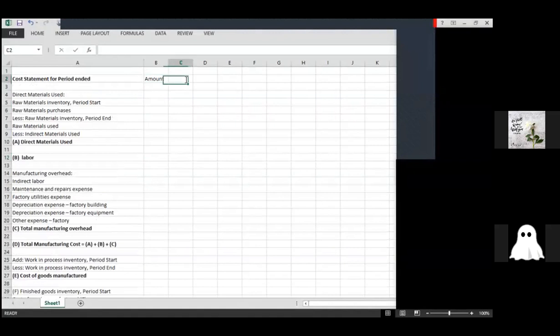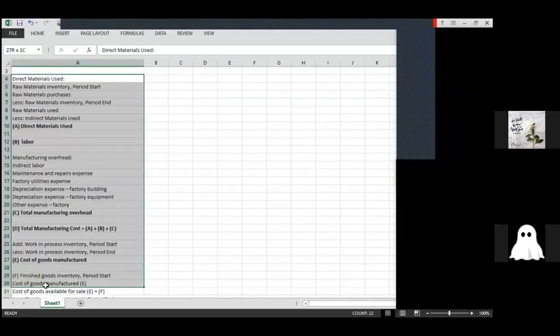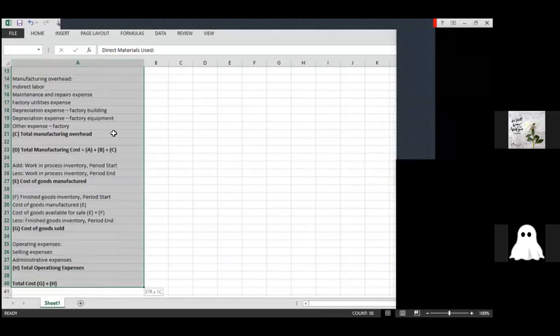There can be problems where you have to solve for two amounts instead of one. There could be a number of units given to you, and everything could be an amount and a per-unit figure. As I told you, all these things will be given in the question, but in a jumbled up way. Some things on the top, some things on the bottom, and no totals made.